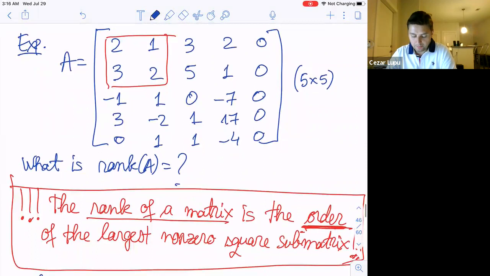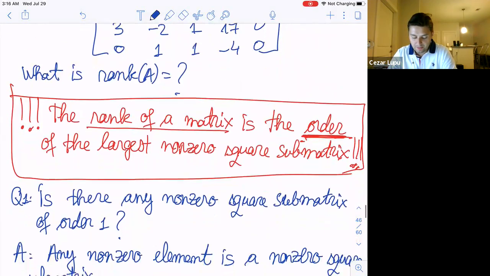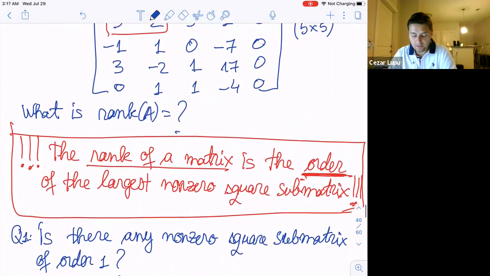Now I'm just going to give you this: the rank of the matrix is the order of the largest non-zero square submatrix. So we look at the largest square submatrix with non-zero determinant, and we want to compute the determinant of this.